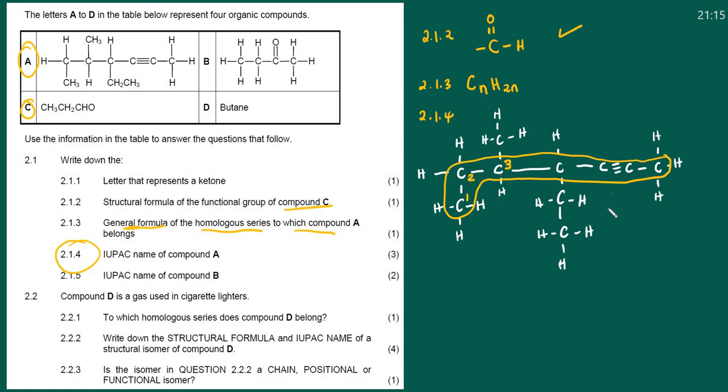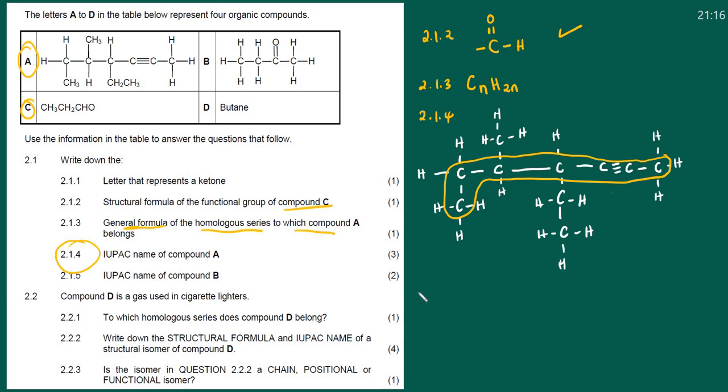Now, if I say 1, 2, 3, I then meet the functional group. So where must we number from? Is it from left to right or right to left? Right to left, right? Yeah. Reason being? Because we number starting from the side closest to the functional group.